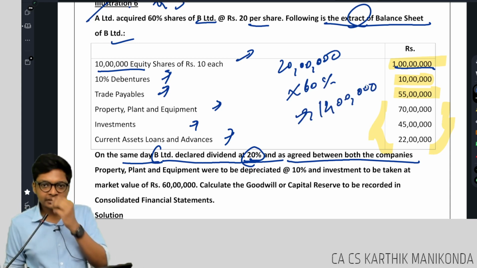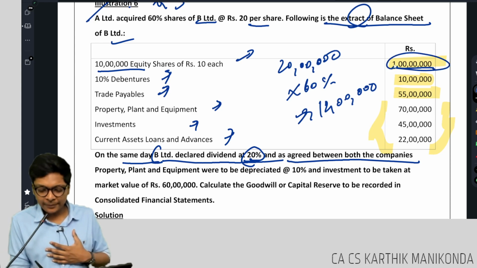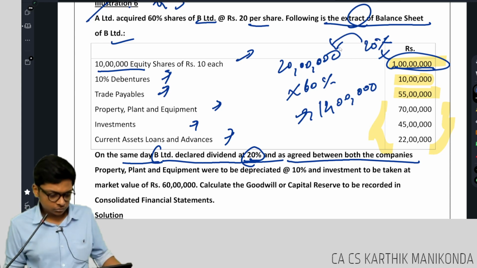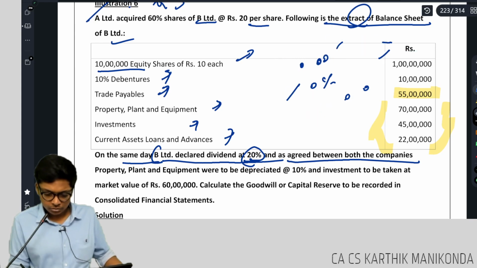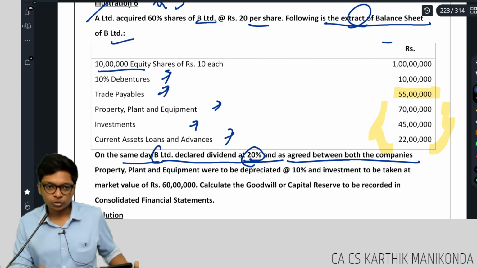Are you following guys? See, dividend is share capital of subsidiary into, sorry, not like this. Correct only or wrong? No, we can do on face value also.